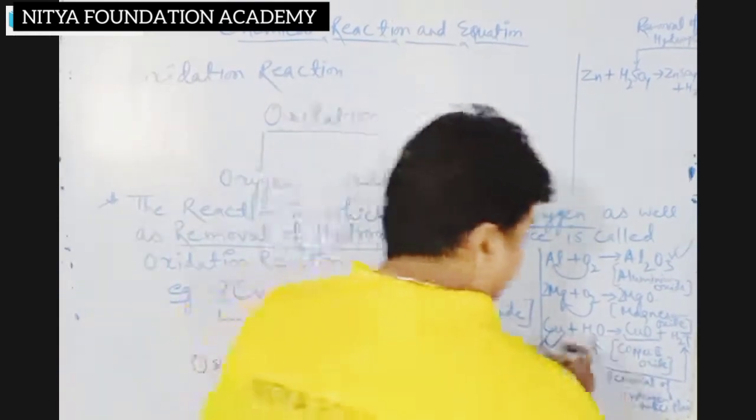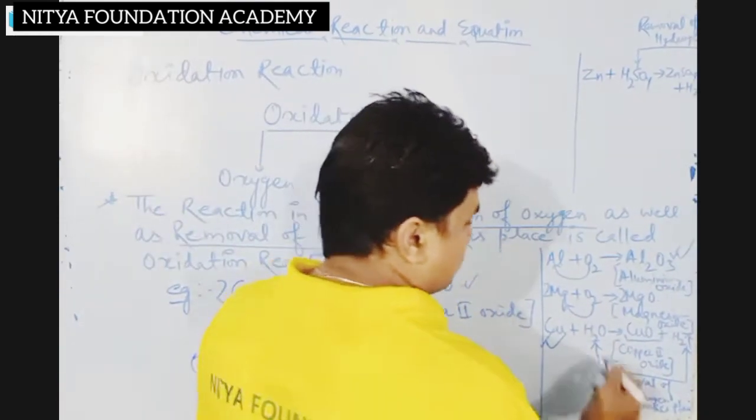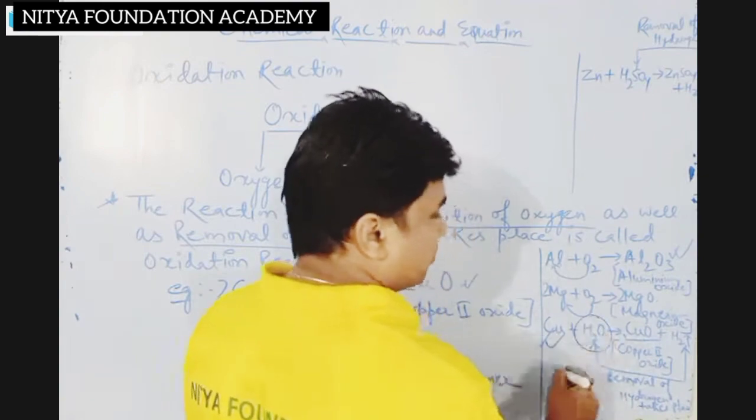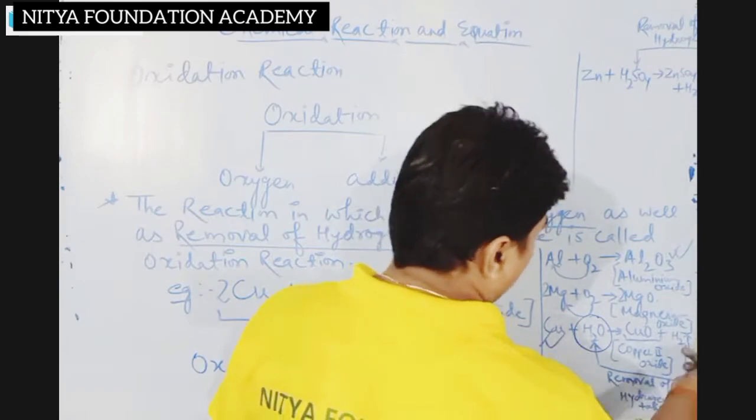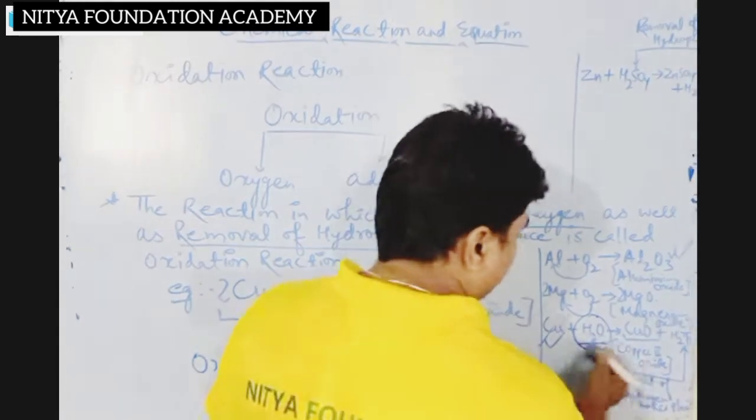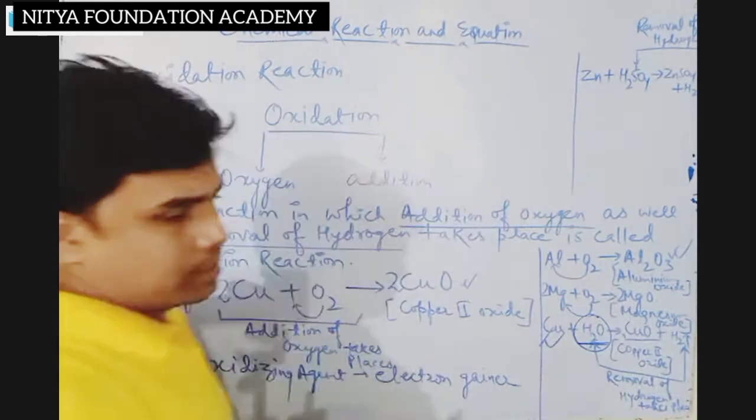So this type of reaction, in which the oxidizing agent makes possible the addition of oxygen as well as the reduction of hydrogen, this agent is called an oxidizing agent.